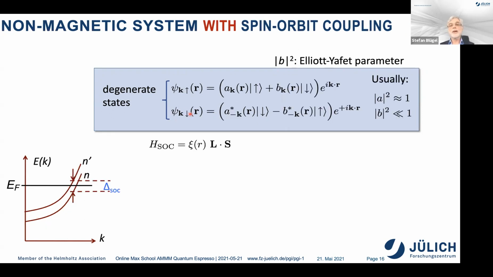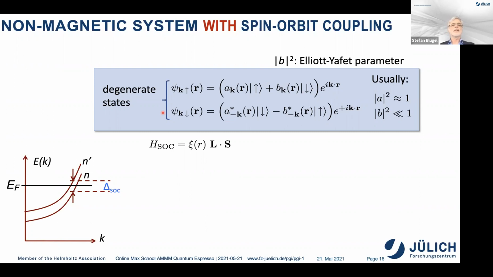But if you switch on now the spin-orbit interaction in your code, then you will realize that spin up and spin down are actually not good quantum numbers. Instead, due to the spin-orbit interaction, you can mix the spin up and spin down states. But of course, the spin-orbit interaction is small. So we call this one state spin up because most of this state is spin up, although there's a little bit of spin down.